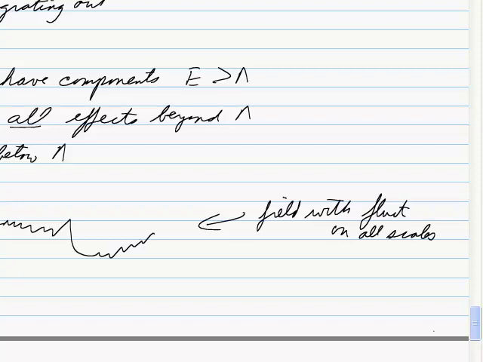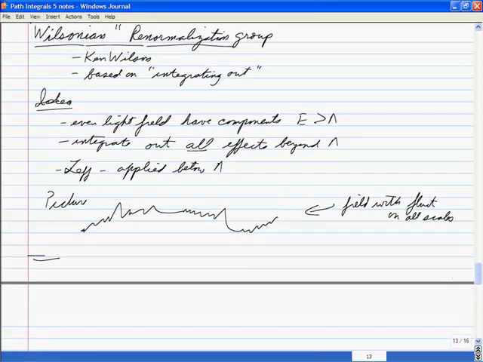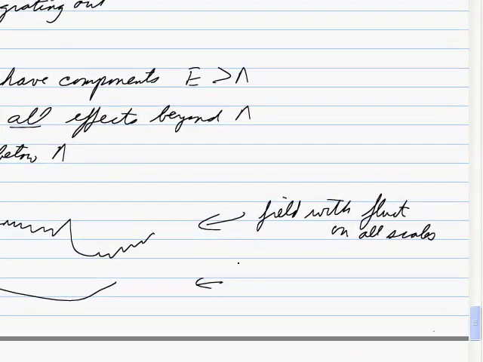But if you're living at very low energies, you don't really see these little microscopic fluctuations. You just see the broad wavelength. And so his approach will turn this into a field that just has some variation like that, where you've removed the small scale.